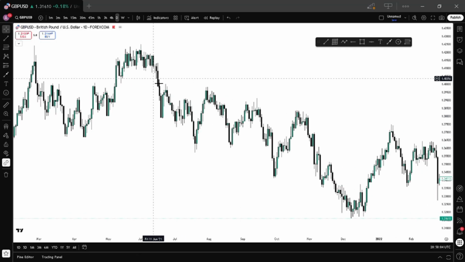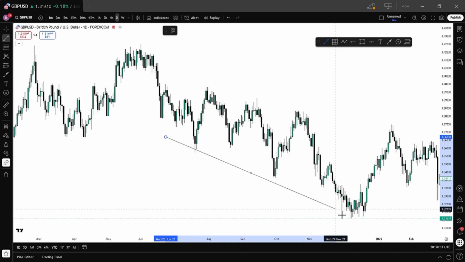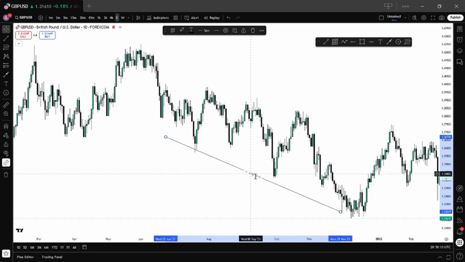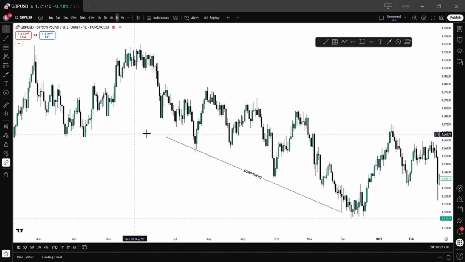On this, I'll use this to explain the bearish market structure. As we can see here, the price is in a downtrend. So we have a lower high here, a lower low, a lower high, a lower low, a lower high, a lower low.